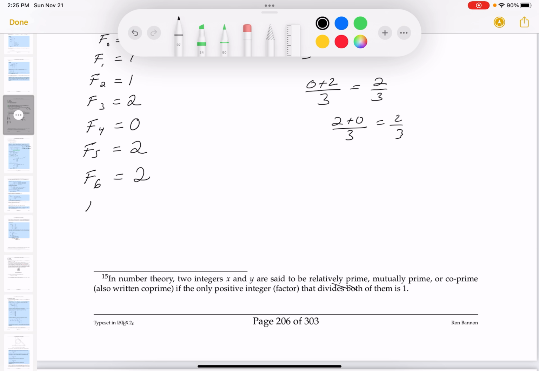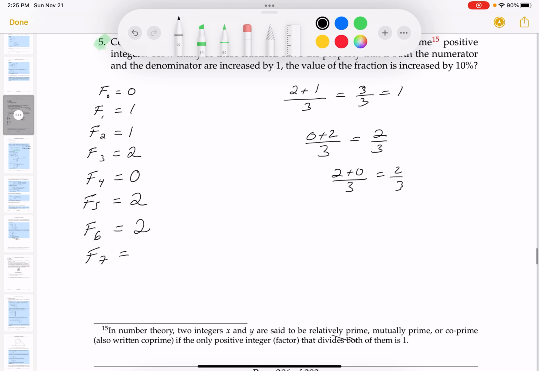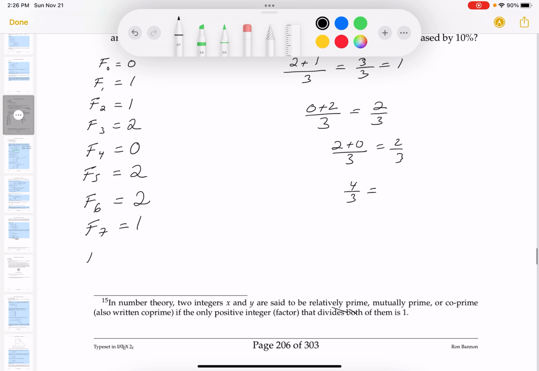All right, F7. I'm not seeing any repeats at this point. All right, and let's go to 2 plus 2 is 4. And 4 divided by 3 has a remainder of 1. Let's keep going. Let's do F8. Well, F8 is going to be 1 plus 2. And 1 plus 2 divided by 3, that's going to be 3 divided by 3.